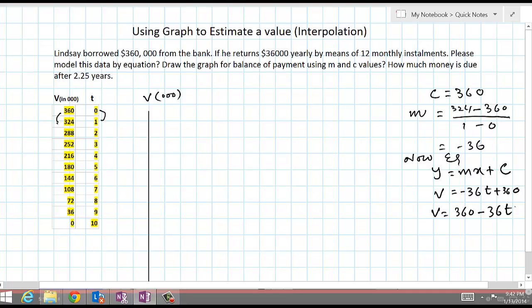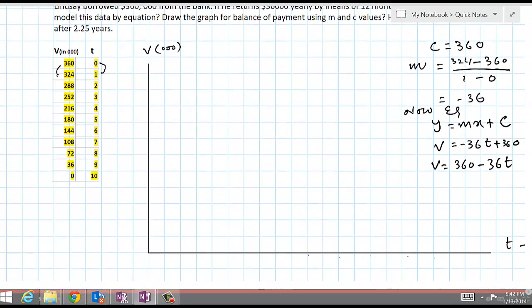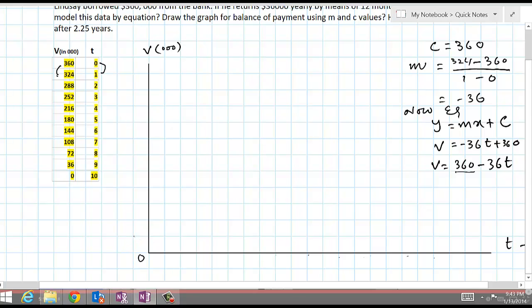Now, if we want to plot this equation on the graph, we don't have to use the table of values. We can simply take a look at the equation and we can plot this on the grid. Where is 360? If we start with 0 here, 36 here, because the increments are in $36,000, we just take one division equal to 36,000.